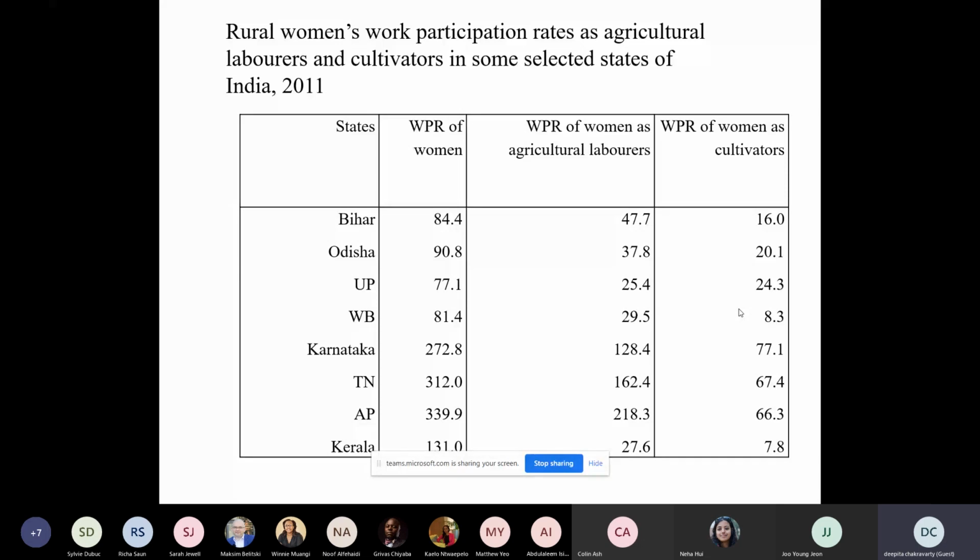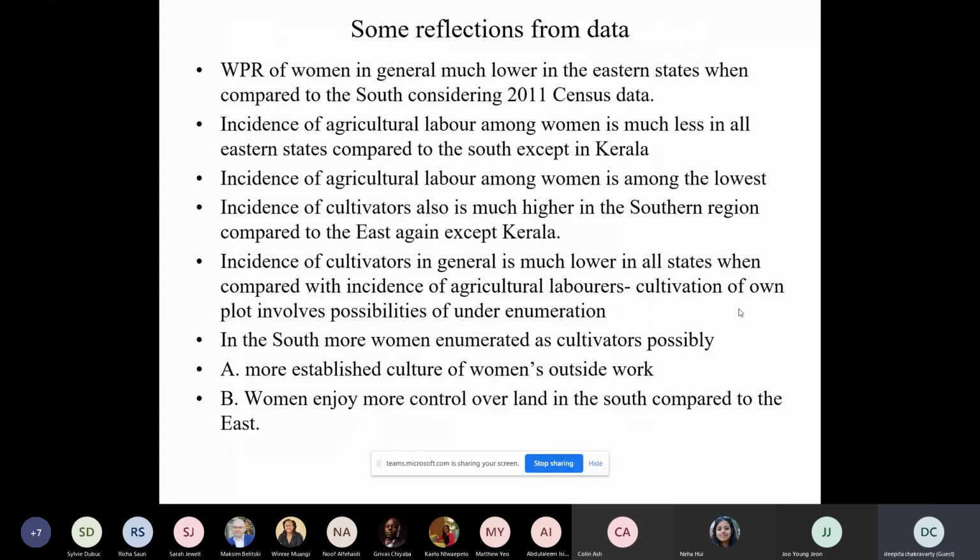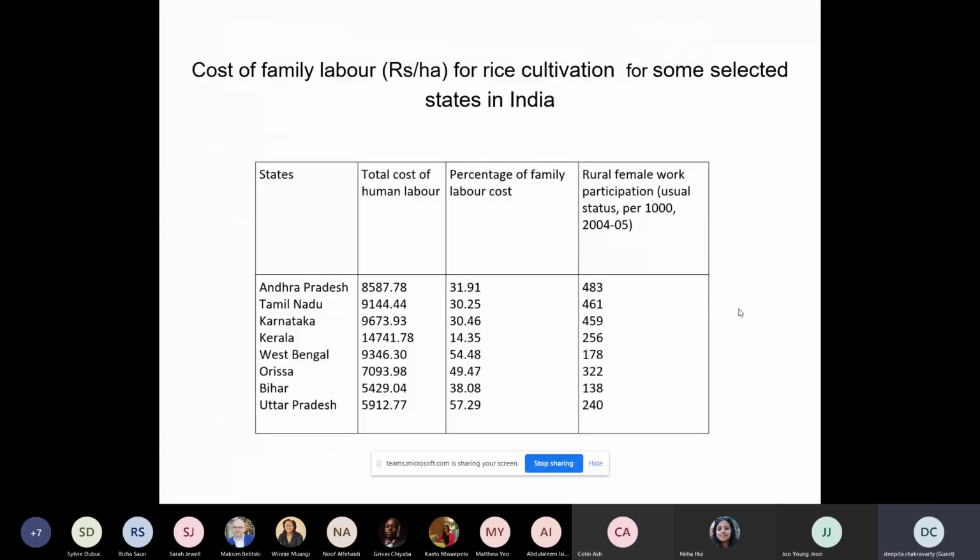Now, let us look at some more data from where we can get a little more support for this argument. I looked at the cost of cultivation data. In India, we have a very rich source of cost of cultivation data collected by the Central Statistical Organization, CSO, and that gives us the cost of family labor. Different kinds of data we get.